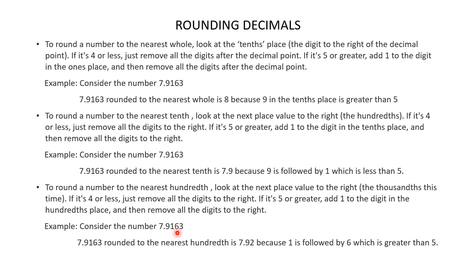So you have to add 1 to the number in the hundredths place. So this becomes 7.92. So 7.9163 rounded to the nearest hundredth is 7.92 because 1 is followed by 6 which is greater than 5. Hope you got that.